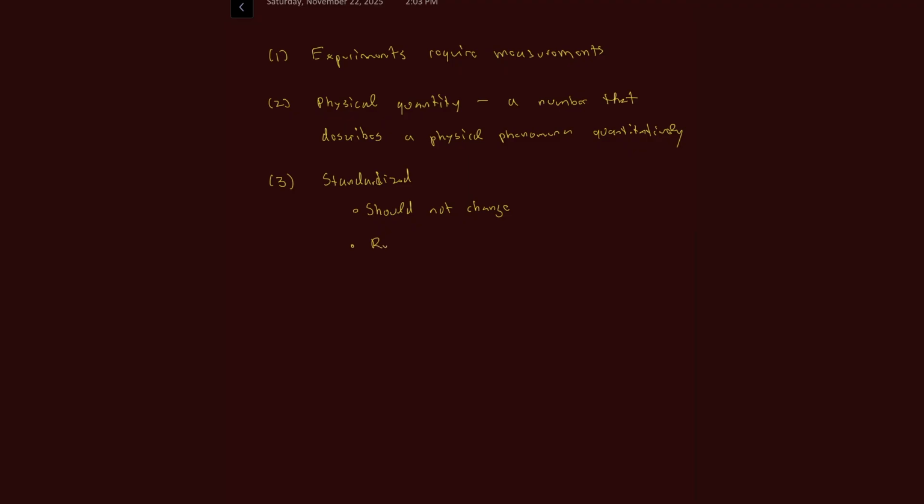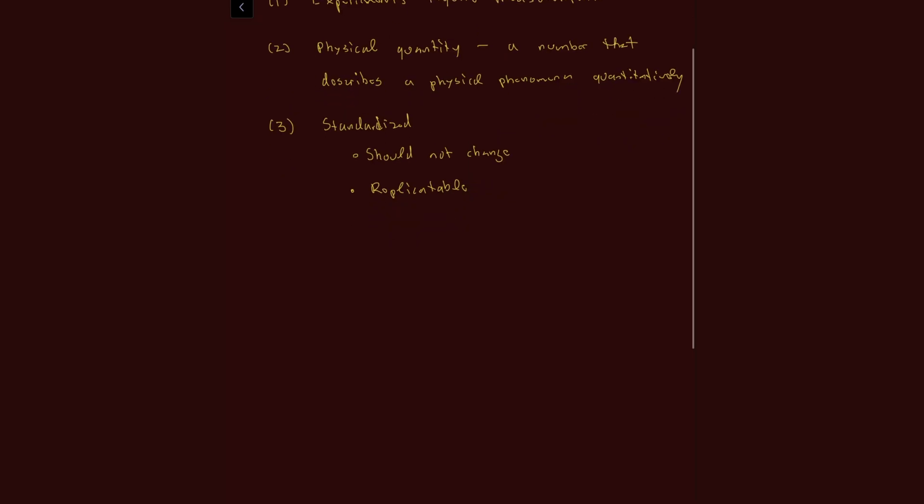And number two is that these units of measurement should be replicable. Now, these two things pretty much help us in making physics a scientific endeavor all throughout the world. So for example, if I'm communicating with a scientist in France, it would be extremely helpful if we used the same units of measurement, if we both used meters, kilograms, seconds, things like that.